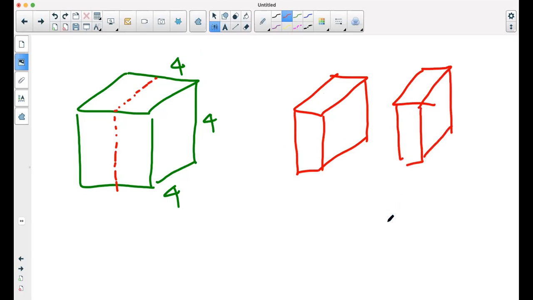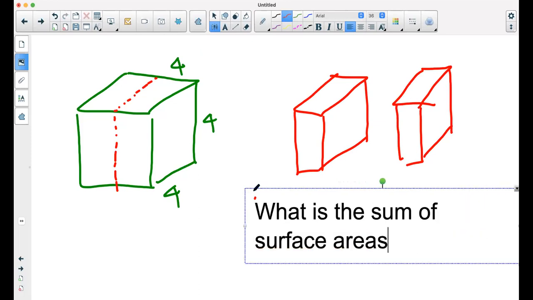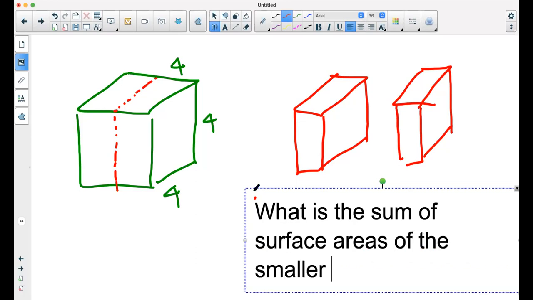My question is, what is the sum of the surface areas of the smaller solids? So I had originally a cube, but cut through the middle, creating two smaller half cubes. Now my question is, what is the sum of the surface areas of the smaller cubes?